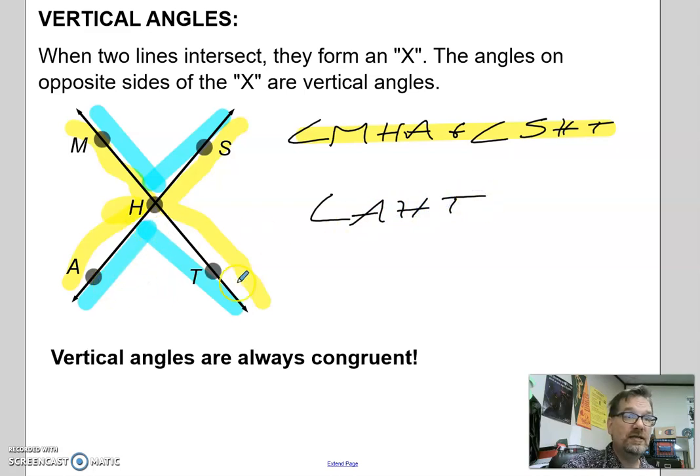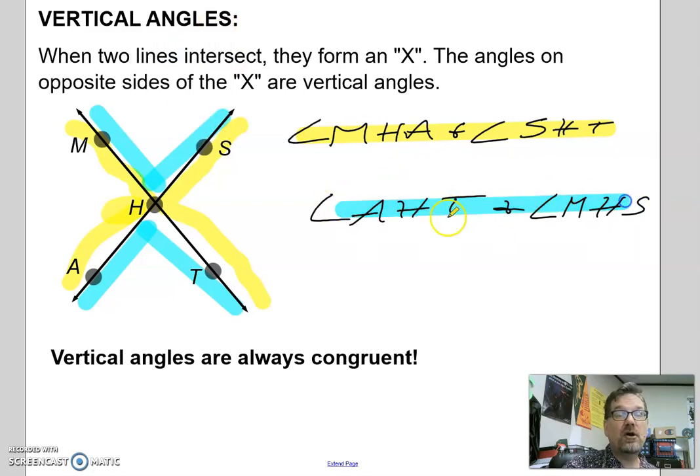And I traced it, AHT, vertex is always in the middle. And MHS together make my vertical pair. So when I give you two lines that cross, we make four angles, and two of the angles are always opposite from each other, which makes vertical pairs.